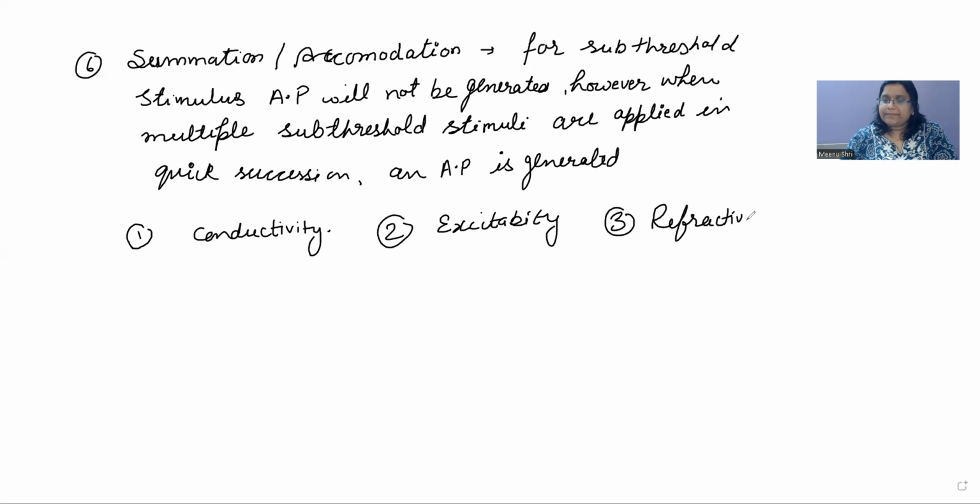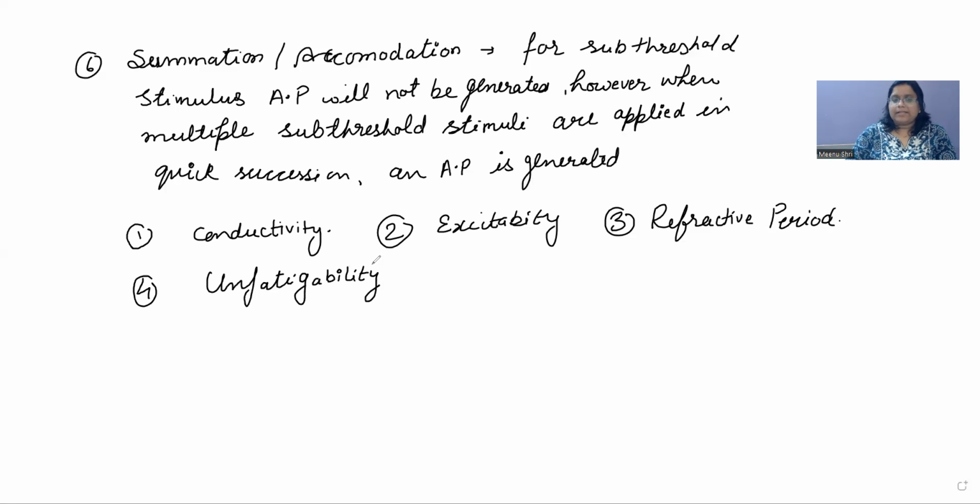Third one, that is the refractory period. Refractory period means a nerve fiber can only conduct one action potential at a time. So during one action potential, new electrical impulses cannot be generated. The fourth one is unfatigability.